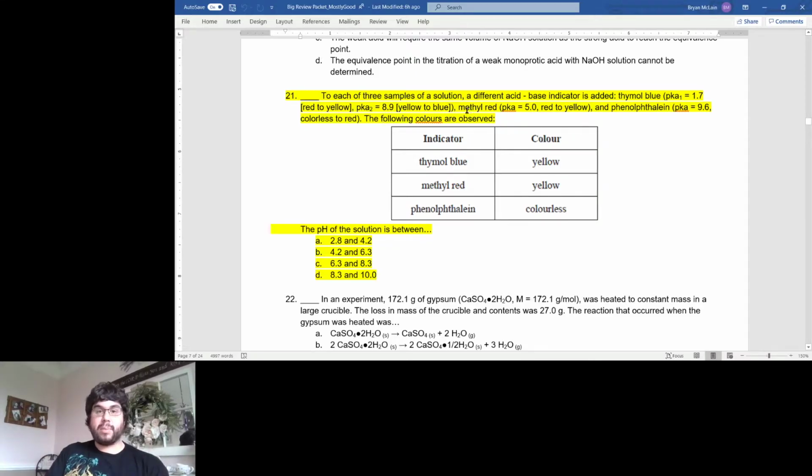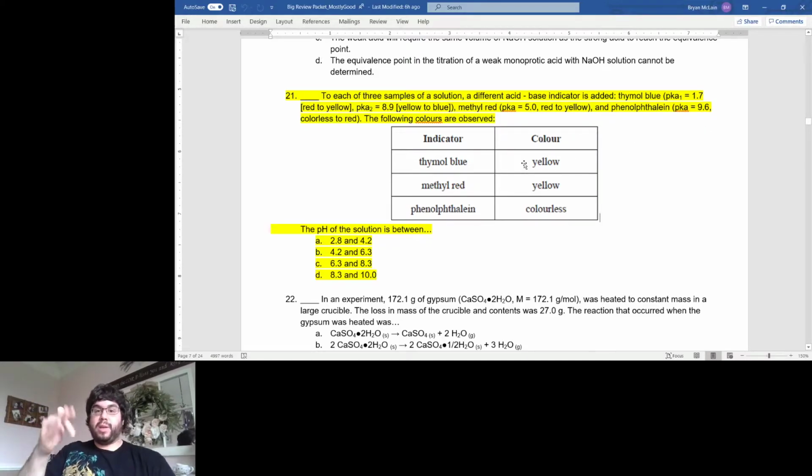Then they tell us that the methyl red is yellow, and the methyl red has a pKa of 5. So the pH has to be greater than 5 since the methyl red is yellow. They also tell us that the phenolphthalein is colorless. So the pKa of phenolphthalein is 9.6.